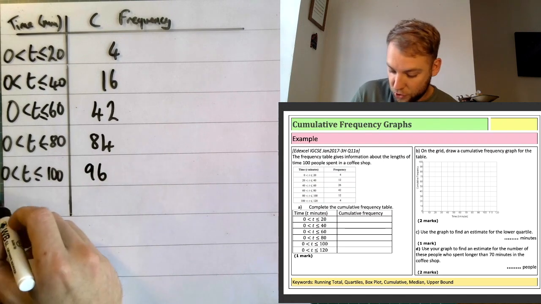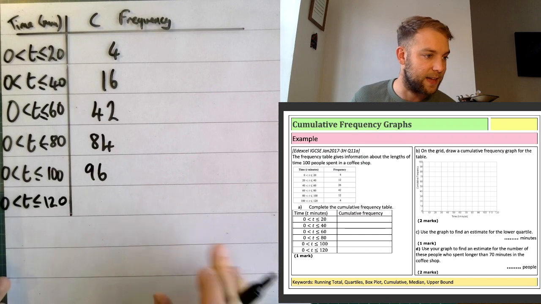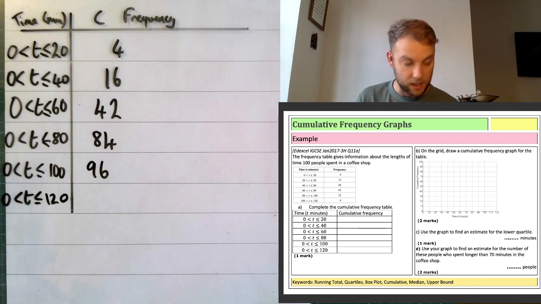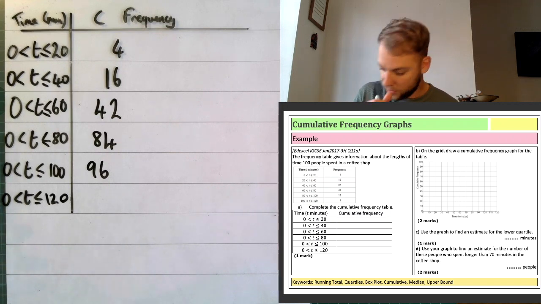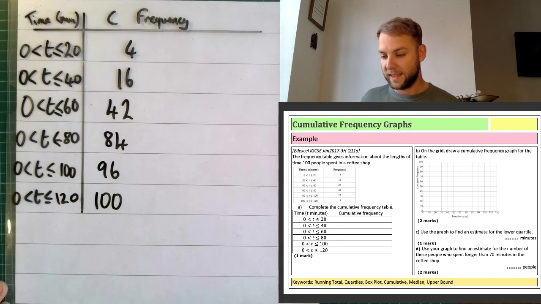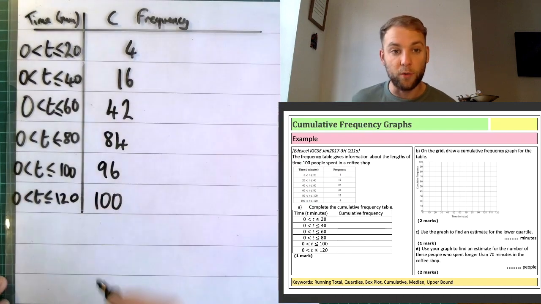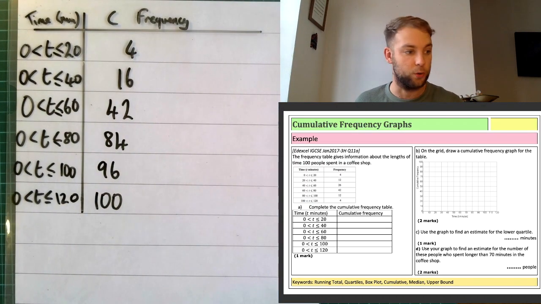Now remember to check the total, so this is up to 120 now, so all of these together is going to be 4 plus 12 plus 26 plus 42 plus 12 plus 4, which in total is going to be equal to 100. Brilliant. So this here is the running total of all of them, collecting everything together all the way up to that total frequency, which is 100.